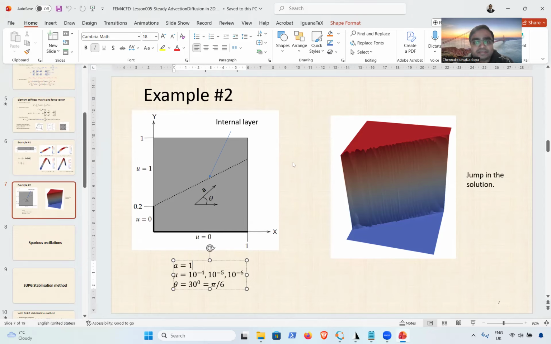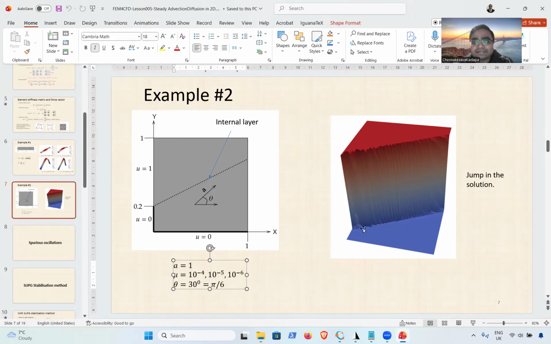What happens is, we have a specified value of 1 here and 0 here. You see, 1 here and 0 here. So we see a sudden jump.